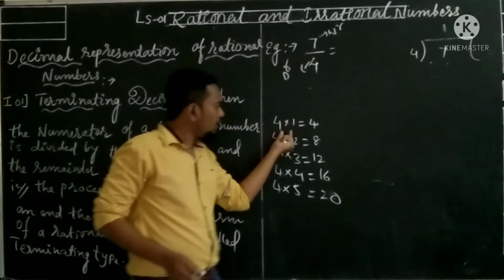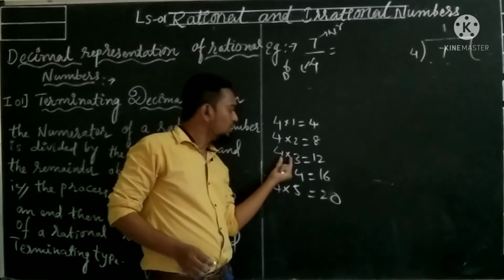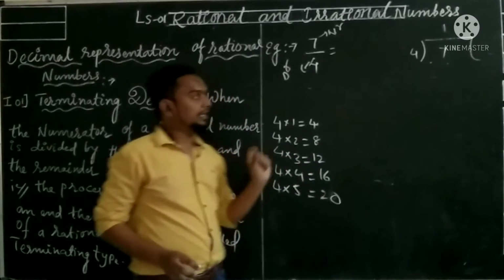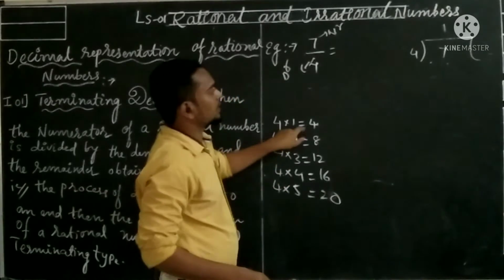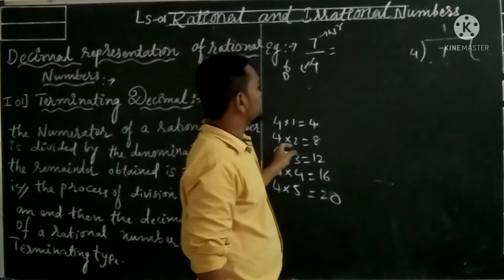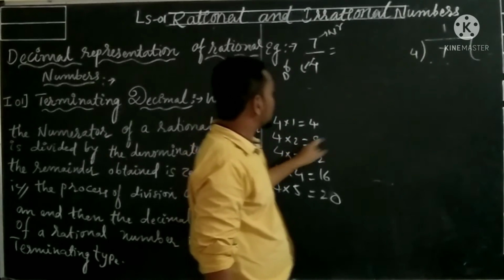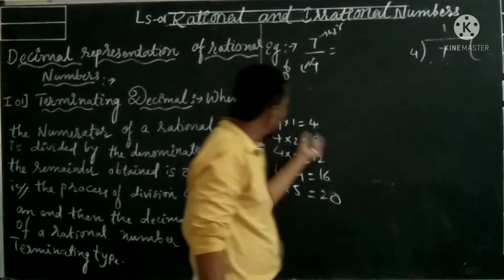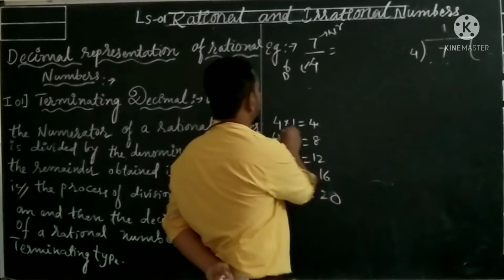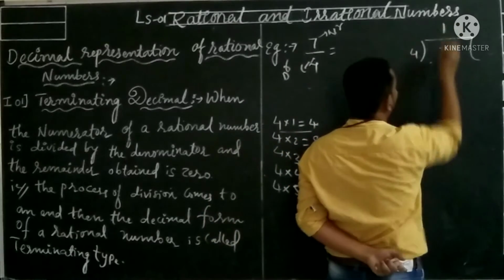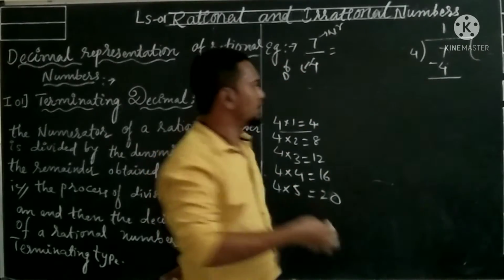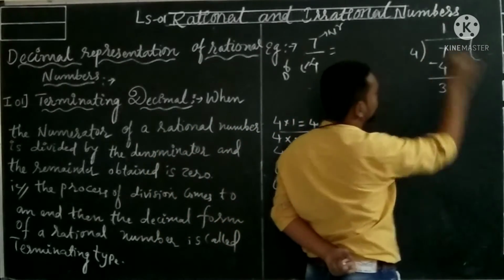First of all, 4 ones are 4, 4 twos are 8, 4 threes are 12, 4 fours are 16, 4 fives are 20. 7 is not in the 4 times table, so we write 4 ones are 4. 7 minus 4 is 3.